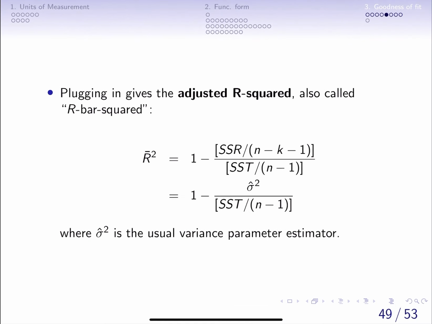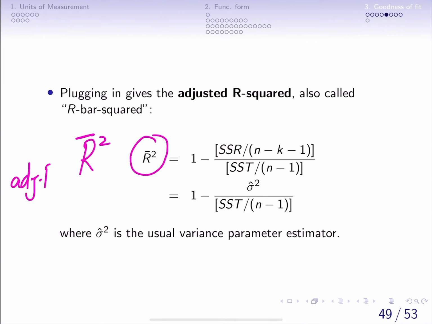When we plug this into the formula, we get adjusted r-squared, which is usually represented by r-squared bar. A bar on top of it tells you that this is adjusted r-squared. This has already penalized the goodness of fit measure for the number of explanatory variables that you're introducing into your regression.